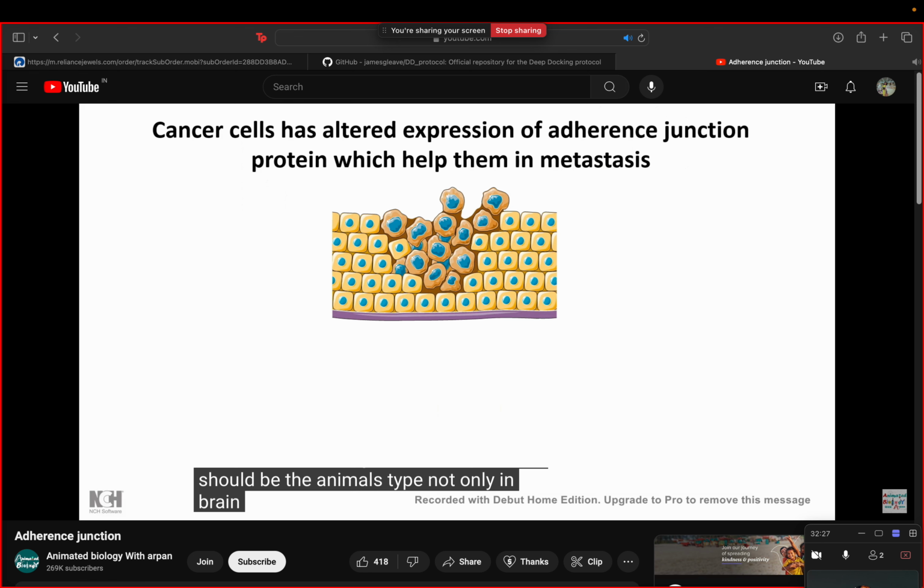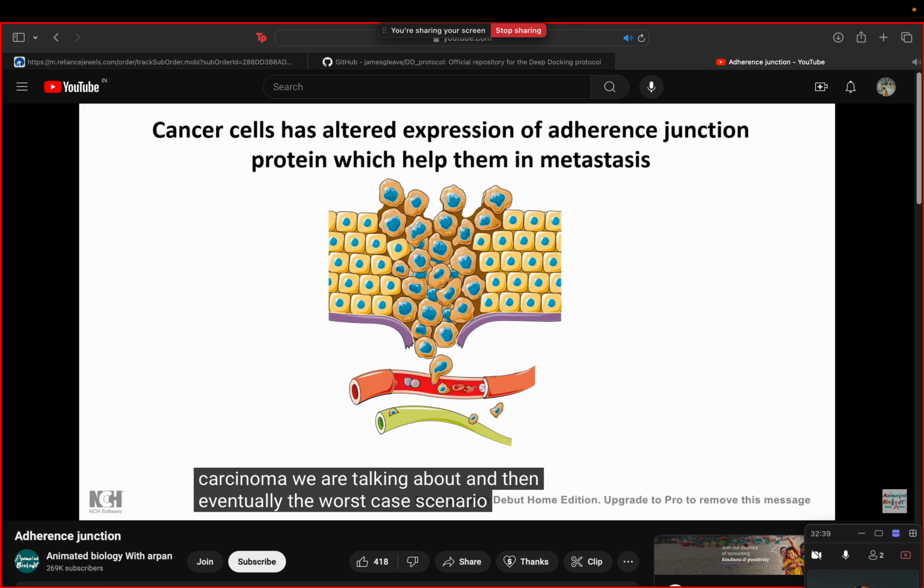Not only in brain development or neural tube development, in terms of cancer, if we think, here is an epithelial carcinoma we are talking about, and the worst case scenario is the cancer cells migrating to other locations via the bloodstream. They can detach from the epithelia because their adherence properties are now different.